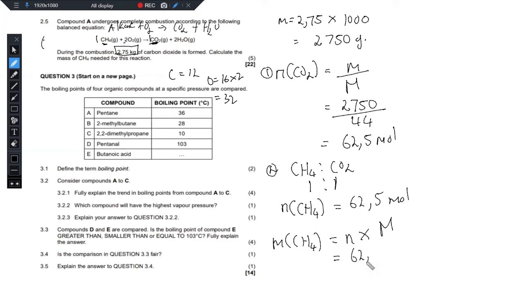My number of moles is 62.5. The molar mass of CH4: C is 12 plus 4, that's 16, yes. And then 62.5 times 16 is 1,000 grams, right? If you write it in kgs again, that's just 1 kg, but you can leave it as 1,000 grams, since we said our mass is needed in grams in paper 2. Right, that's how you were supposed to solve that one. Easy peasy calculation, nothing difficult to it.